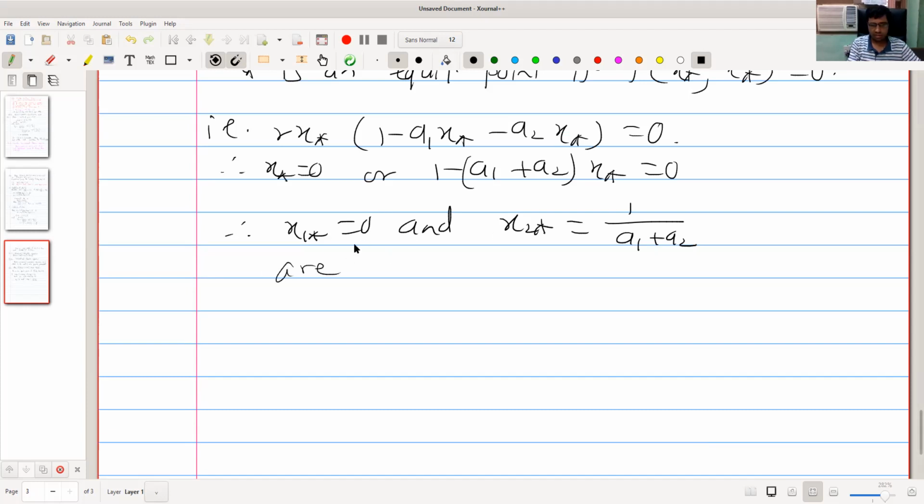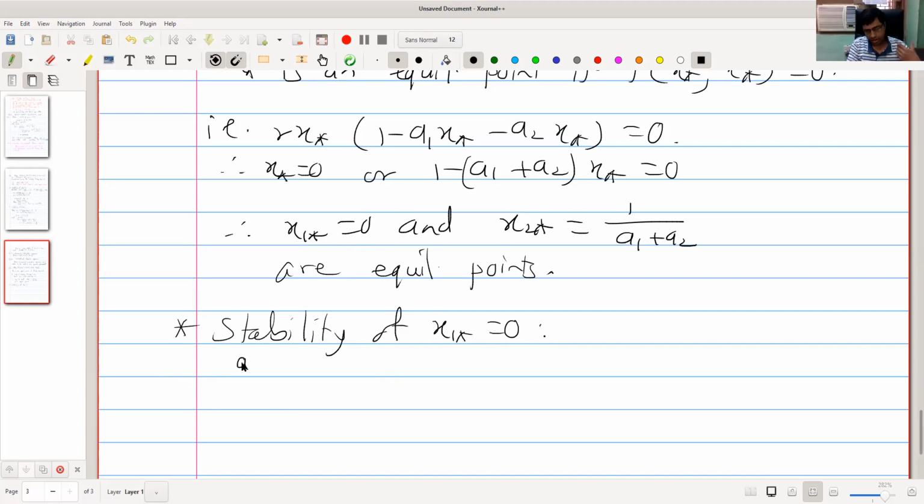These are the equilibrium points. Now stability of x1 star equal to 0. We have to find a and b. Okay, so first we find partial derivatives. We have del 1 f of x y, that is the partial derivative of f with respect to x.